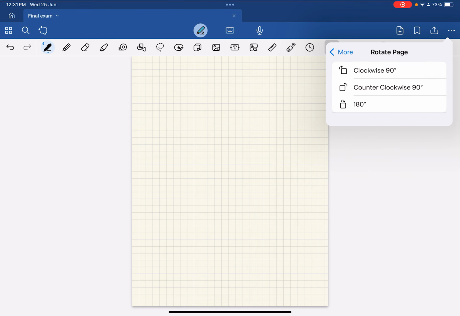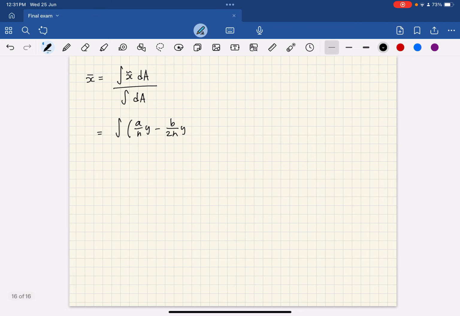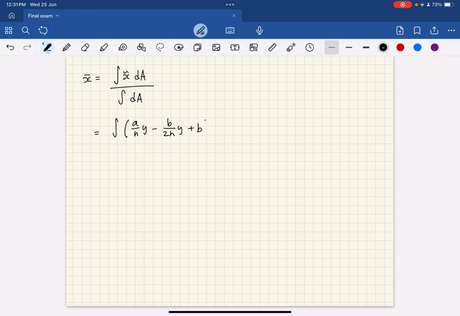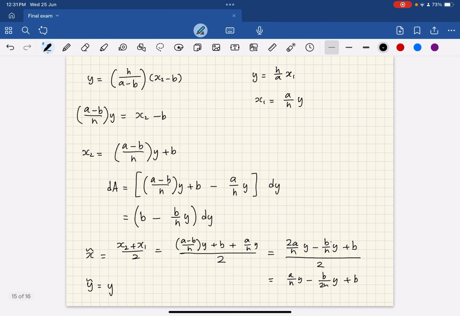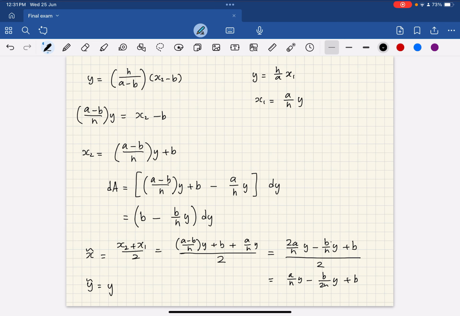So let's go and find x bar first. Okay, let's rotate page 90. So x bar, as we know it, is the integral of x tilde multiplied by the differential element over the integral of the differential element alone. So it is a over hy minus b over 2hy plus b, and you multiply this with your dA, which is what we've simplified earlier.